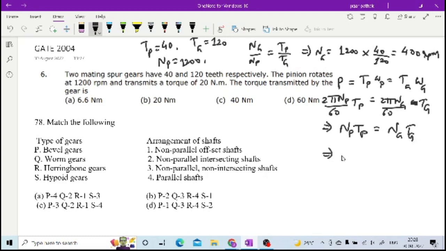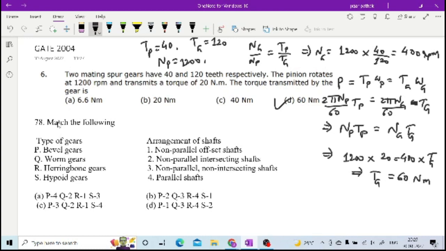Np is 1200, Tp is 20, Ng is 400, and Tg you have to calculate. If you simplify it, you will find 60 newton meter. So if you observe, the gear is providing more torque. This is answer D, as we have discussed earlier, that we use gear drives in order to have increased torque.